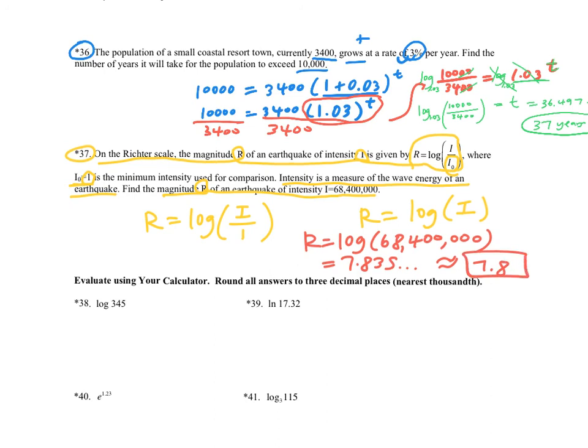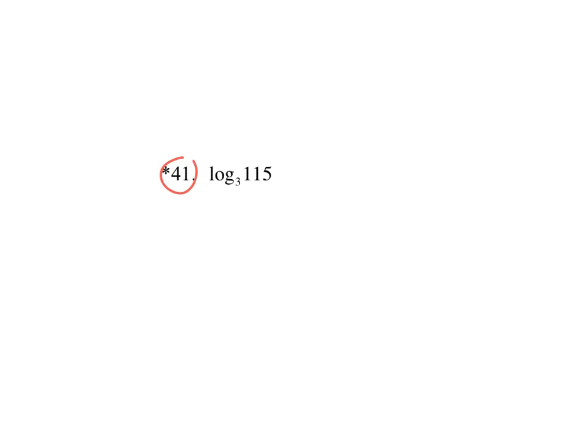Taking a look at 41, when you're rounding to 3 decimal places or nearest thousandths in your calculator, right, you can do math, alpha math, and just directly input log base 3 of 115. Or if you have an older version of a calculator where it hasn't been updated with this capability, you have to go a roundabout way.